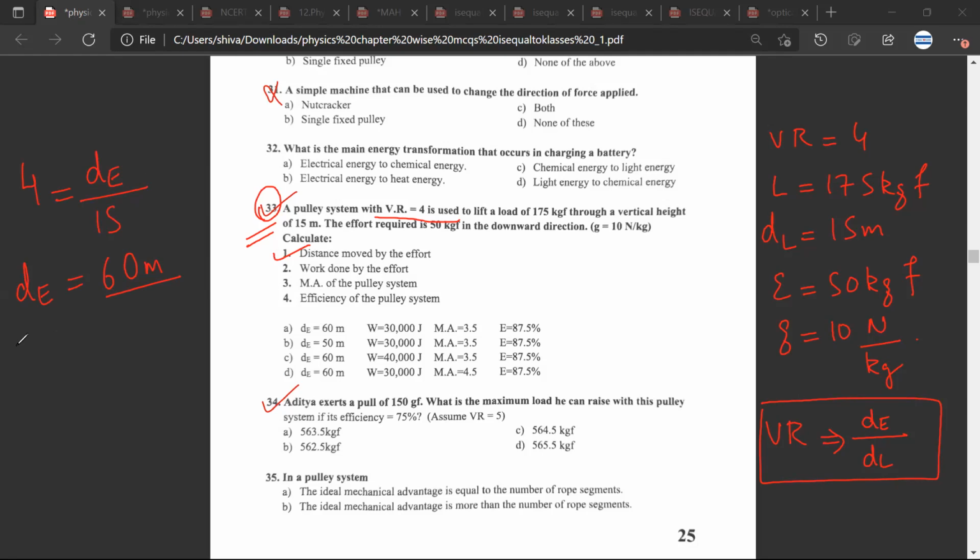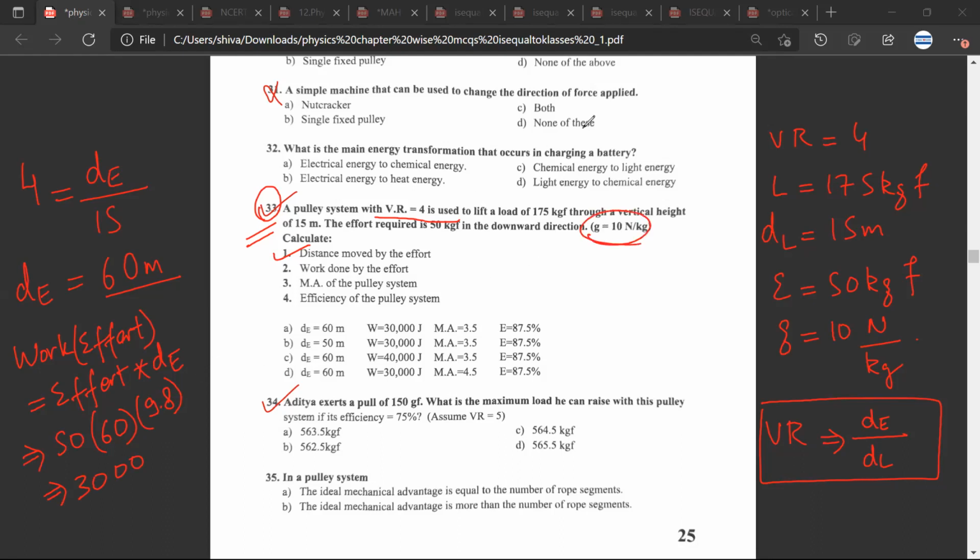Then work done by the effort. Work done by effort would be effort into dE. Am I correct? Yes. So 50 into 60. But 50 kgf will be converted to Newton. So 500 Newton, the value of g is 10.